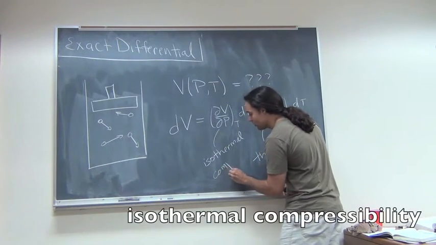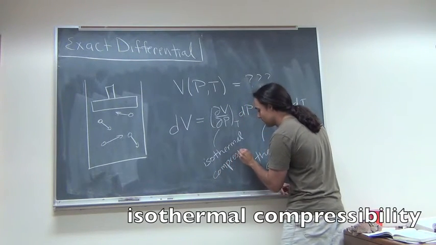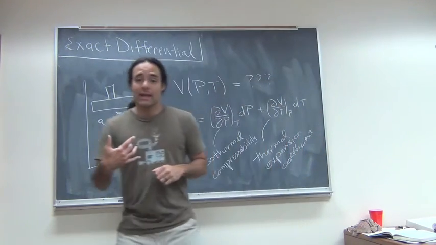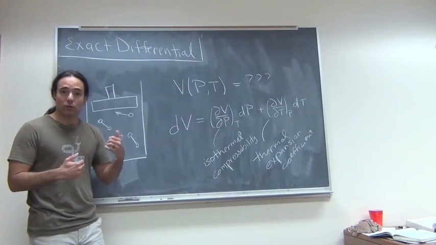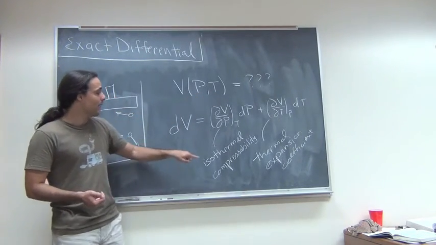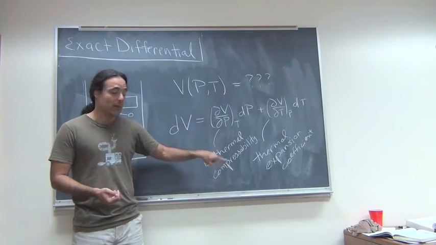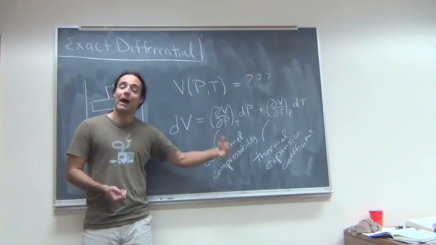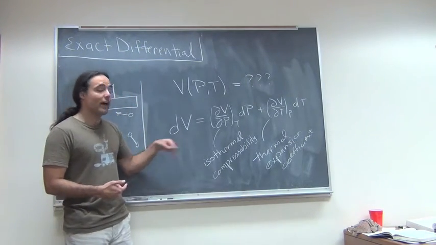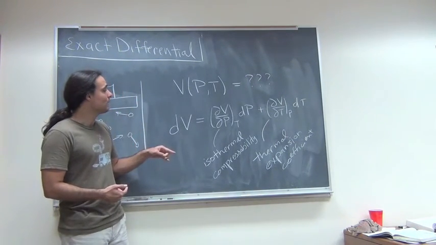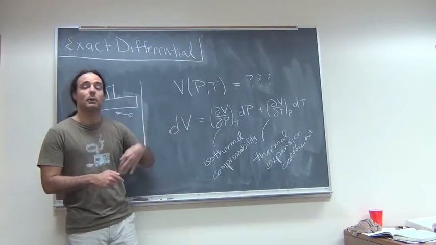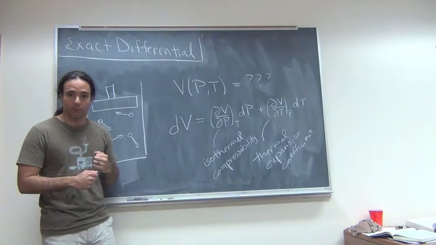So this is known as isothermal compressibility. So by measuring how our gas responds to external stimuli, so how it responds to changes in pressure and temperature, I can measure these response functions, these functions that tell me how my gas responds to different external stimuli. And once I know those, I should be able to calculate what the volume as a function of the pressure and temperature is.